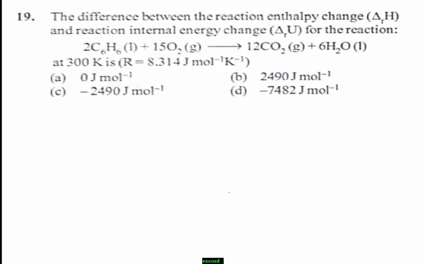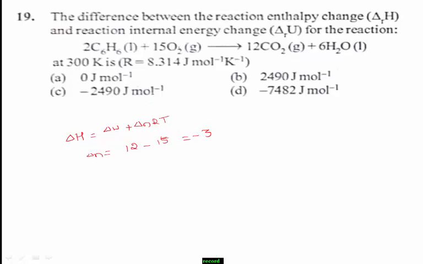Students, first you recall the formula, that is delta H equals delta U plus delta N RT. For the reaction, delta N equals how much? On the product side there are 12, minus 15, so 12 minus 15 equals minus 3.